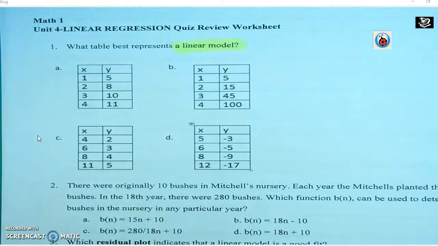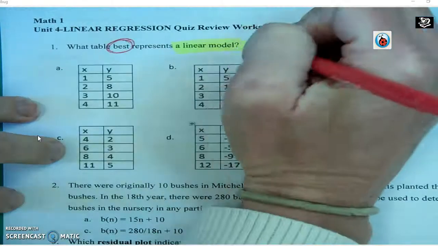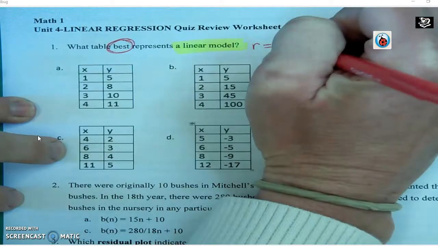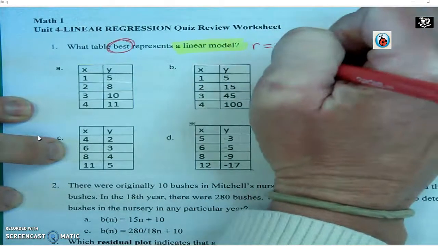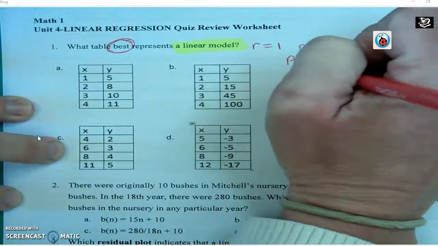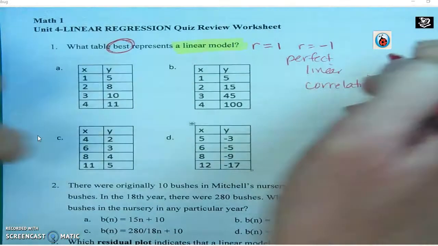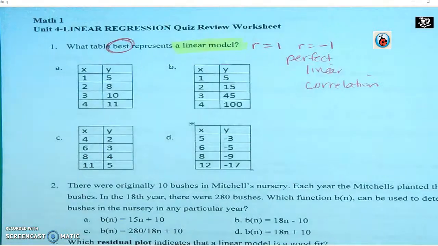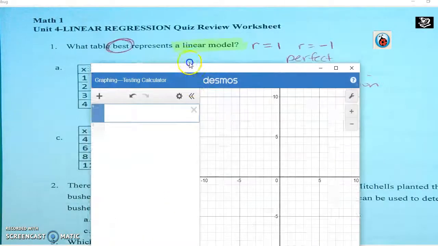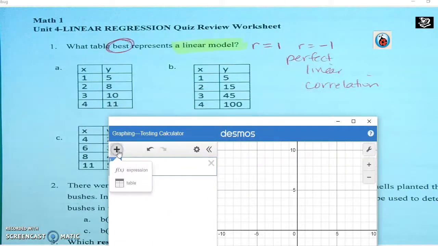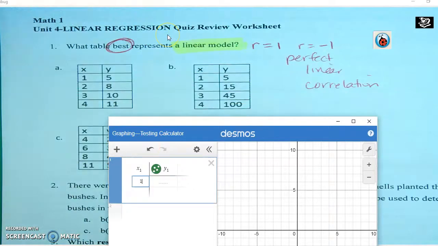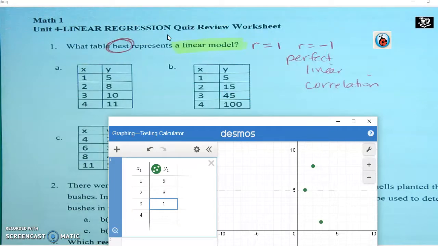So if you want to find the best linear model, you're looking for the R value to be 1 or -1. That means it is a perfect linear correlation, okay? So to find the R value, remember we put it in Desmos. So I've put in the first table. I'm putting in 1, 2, 3, 4, and then 5, 8, 10, and 11.